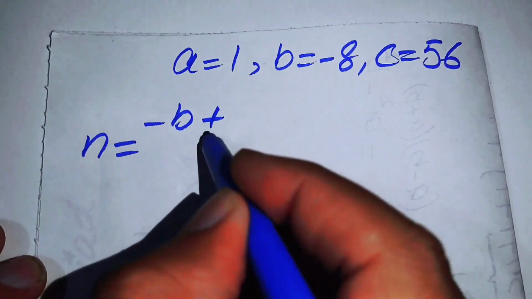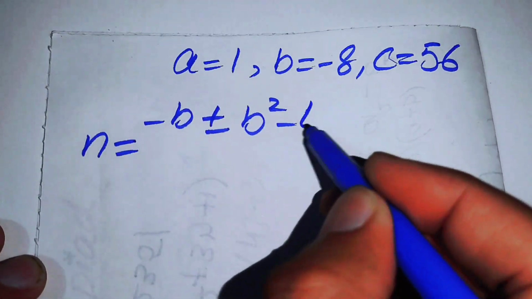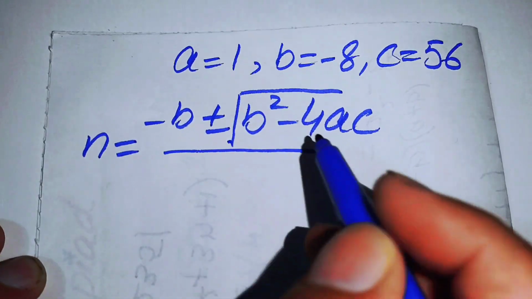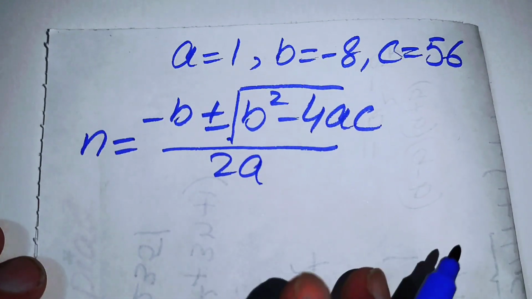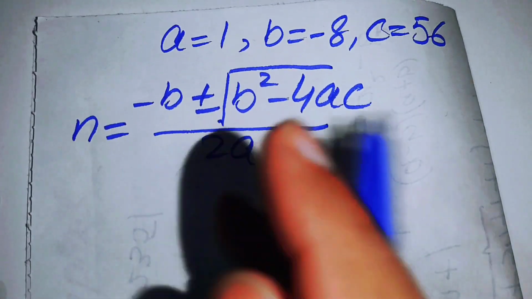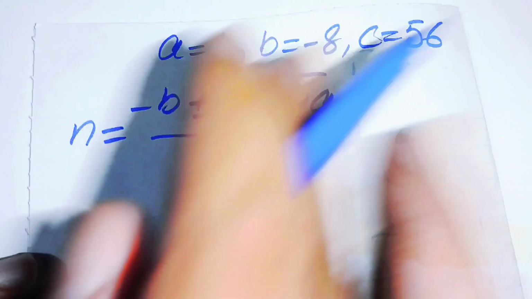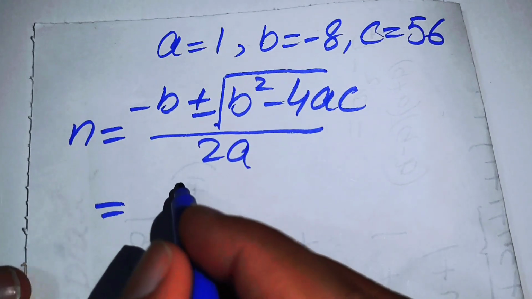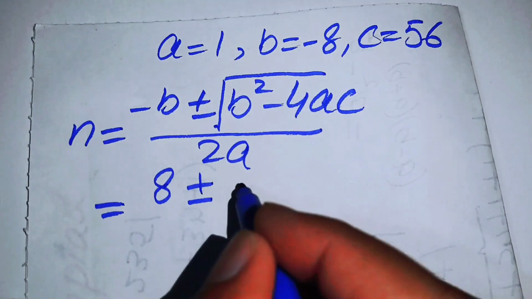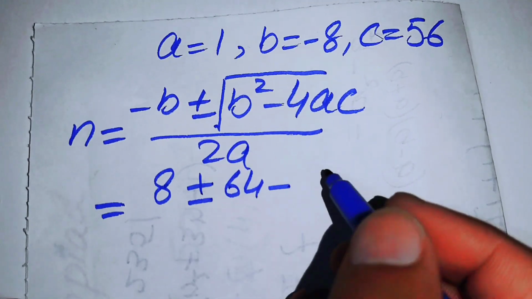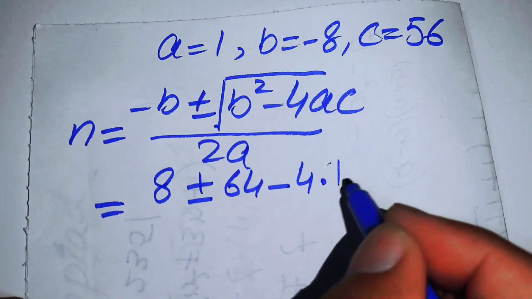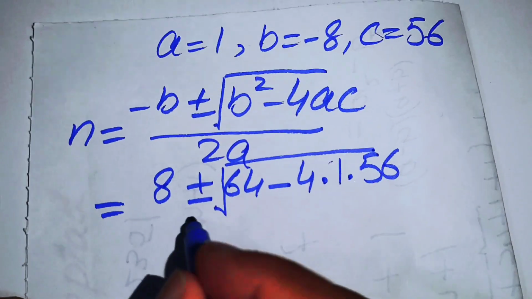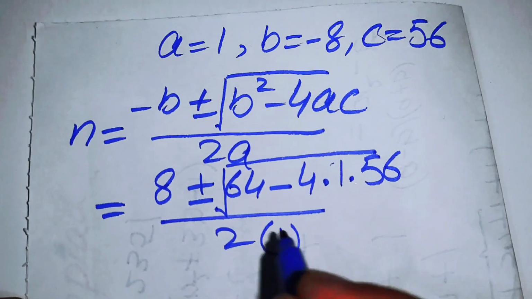So now we can use the quadratic formula, so you write n is equal to minus b plus minus the square root of b squared minus 4ac, over 2a. And now we can put all the values of a, b and c in this formula, and you obtain minus b, which becomes 8, plus minus the square root of 64 minus 4 times a is 1 and c is 56, over 2 times a is 1.